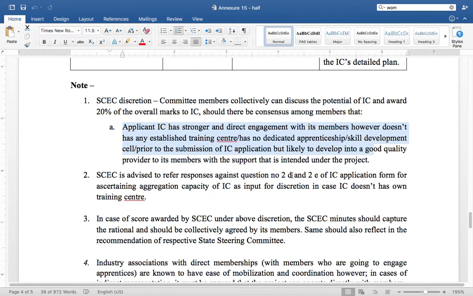We are also asking, when you read the questions, you will understand this, that there are certain questions where training infrastructure and the availability of training need and infrastructure is being asked.